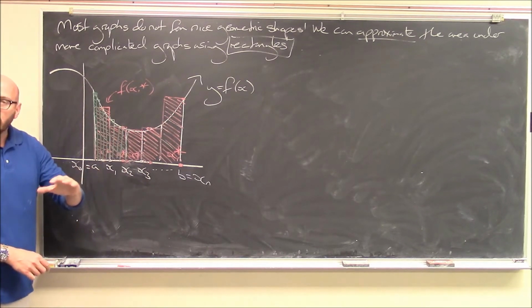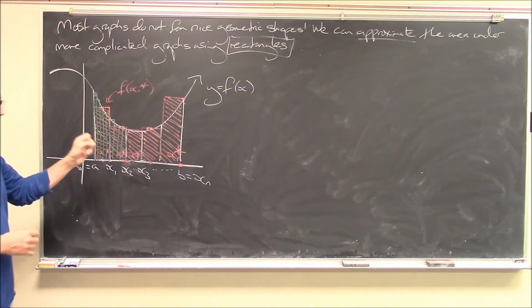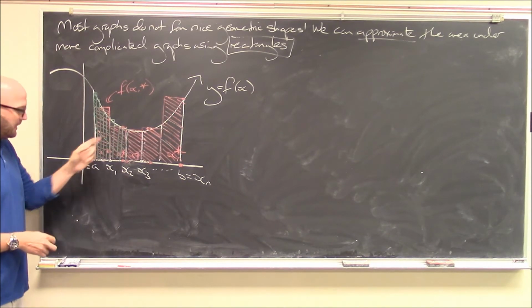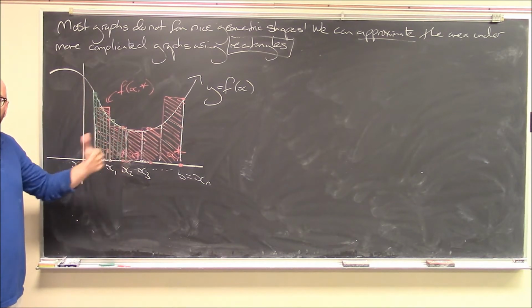The textbook has some really great images of what's happening here with more and more rectangles, so take a look at that if you want. But if you use more rectangles, you get better approximations.